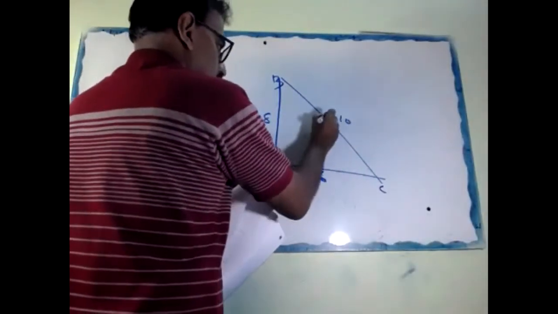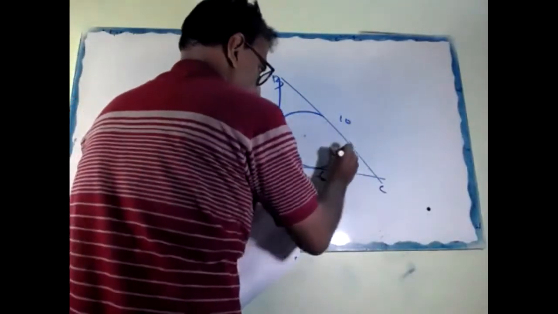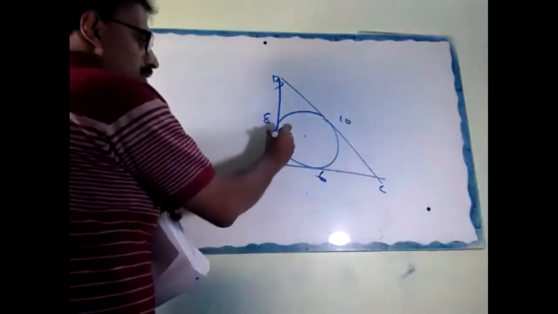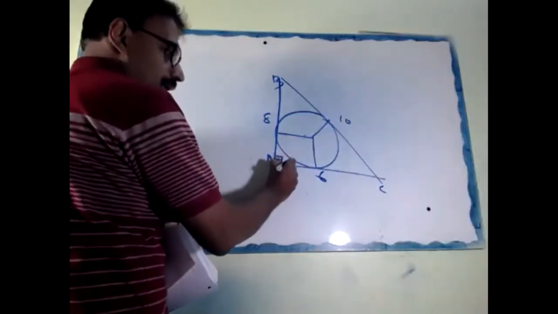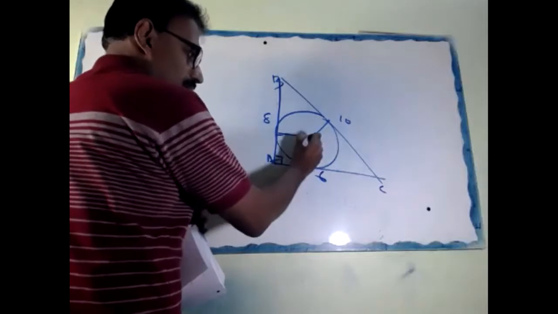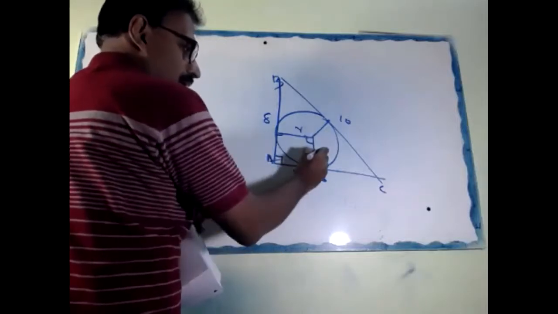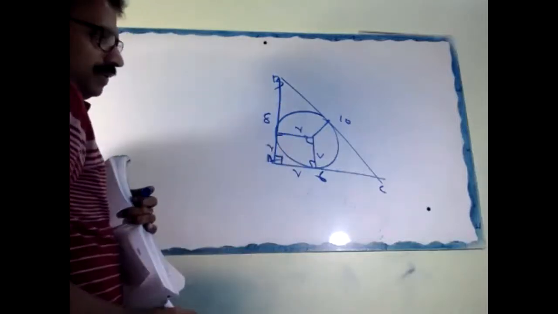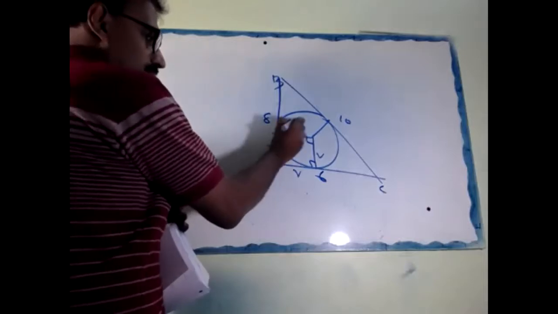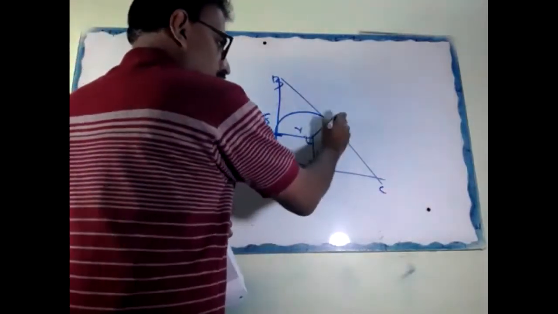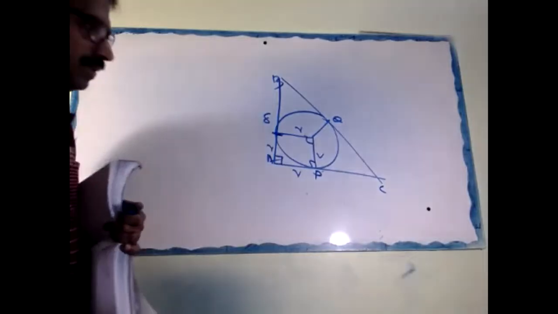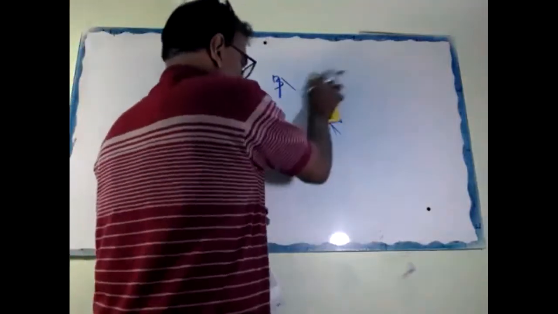This is a circle. Join this one, join this one. This is 90, 90, 90, 90. R here, R here, R here, R here. So this length, we can say this is P, Q. Okay, hey, you confused? On the figure. Look at here.